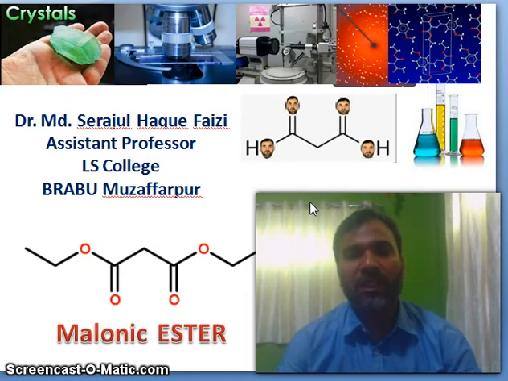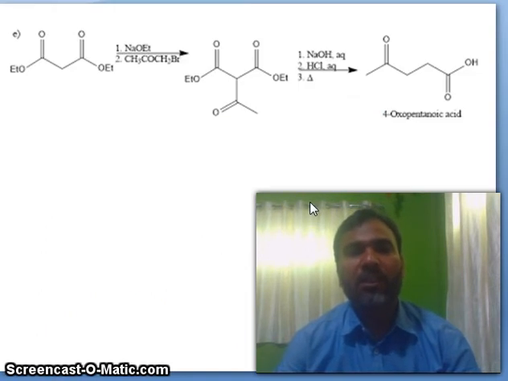So let us start with examples. You see one example here. This CH2 reacts with sodium ethoxide, which is a base, and after making a negative charge here, it reacts with CH3COCH2.